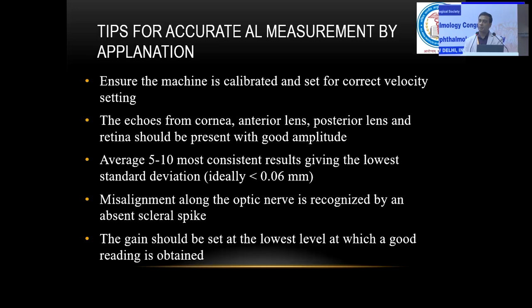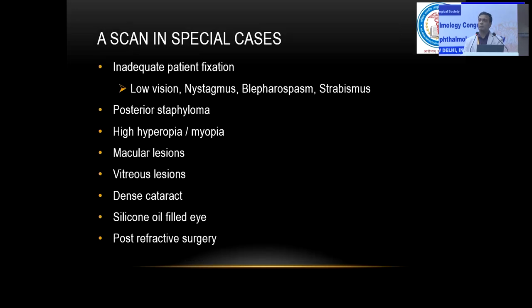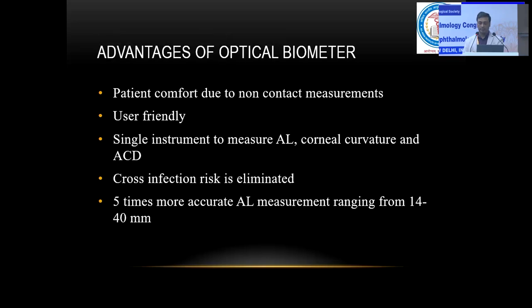Now, there are certain special scenarios where you have to be careful with your scan and use special methods: inadequate fixation, posterior staphyloma, extremes of axial length like high myopia or high hypermetropia, macular lesions, vitreous pathologies, dense cataracts, silicone filled eyes, and nowadays more and more patients coming post refractive surgery. These are the things you have to be careful about when you are doing A scans.